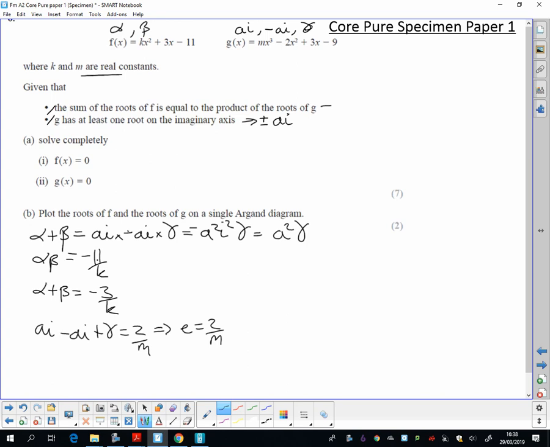We can also get, if we do the product of the roots, that the product of the roots of the cubic g is alpha squared gamma, because we already worked that out up here. And that's going to be equal to negative b over a. Oh, I've just written e, so gamma. That's because I changed from my working to this.